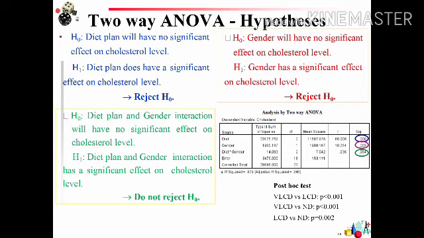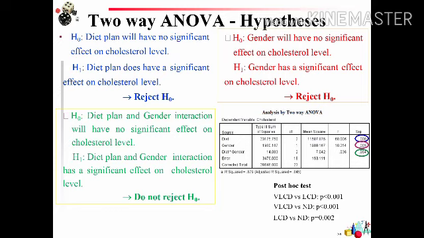And here we have 3 research questions. The first one is whether the diet plan is effective for reducing the cholesterol level. Corresponding null and alternative hypotheses we will generate, that is H0: the diet plan will have no significant effect on cholesterol level, and the alternative hypothesis: the diet plan does have a significant effect on the cholesterol level.